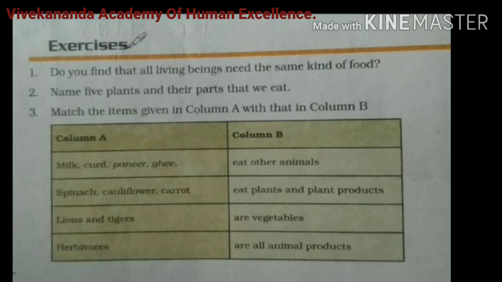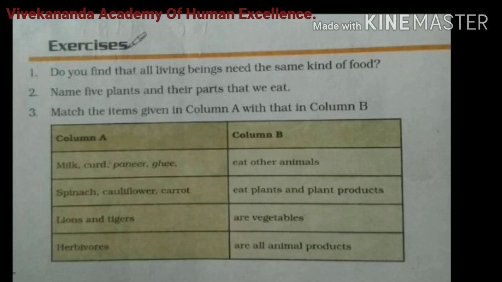In column B: eat other animals; eat plants and plant products; are vegetables; and are all animal products. What is the answer? Just see.